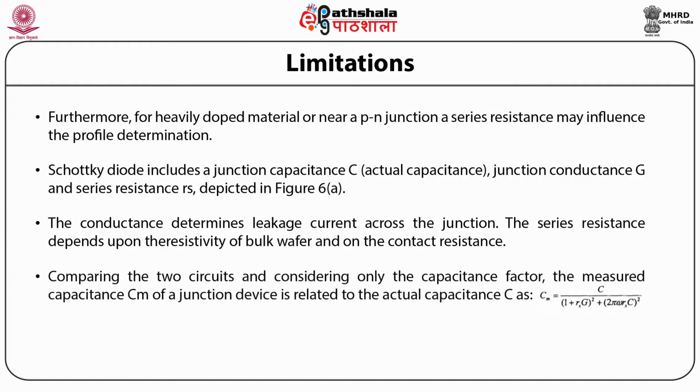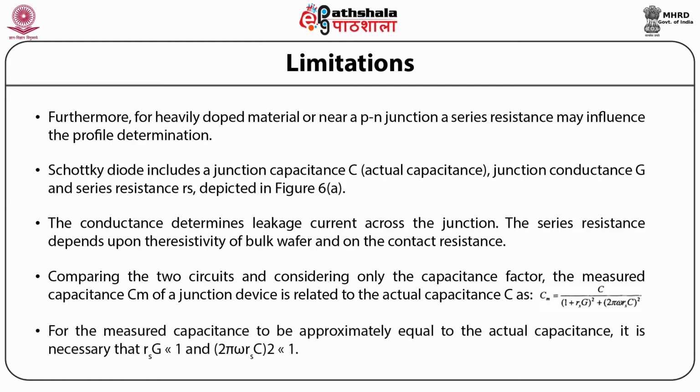Comparing the two circuits and considering only the capacitance factor, the measured capacitance Cm of a junction device is related to the actual capacitance C as Cm is equal to C divided by (1 plus Rs G) whole squared plus (2 pi omega Rs C) also whole squared, where omega is the measurement frequency.